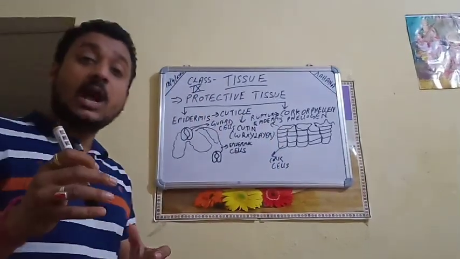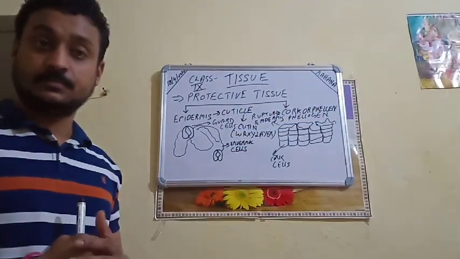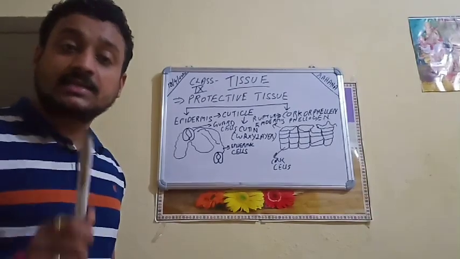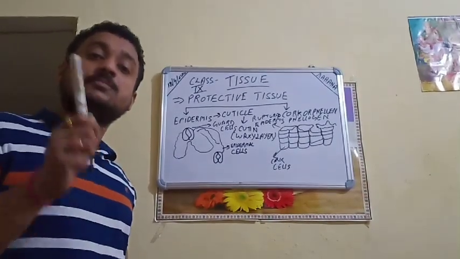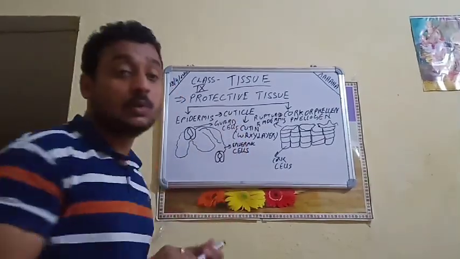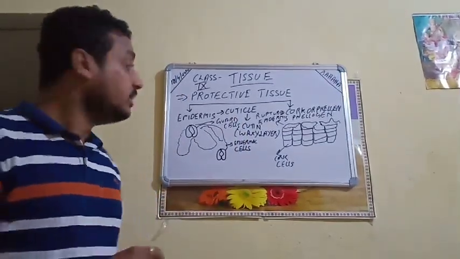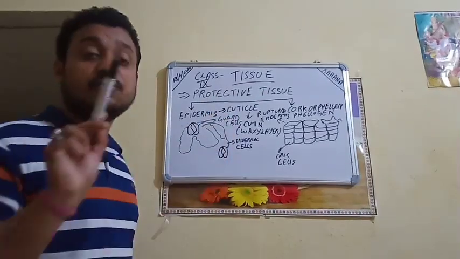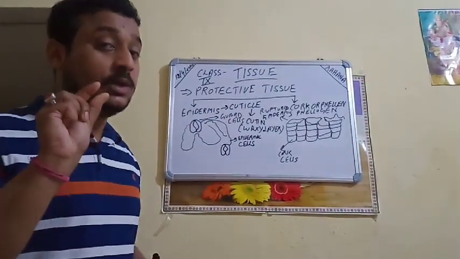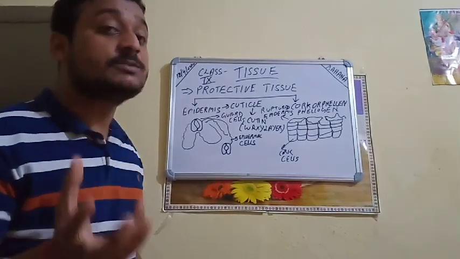Now, the plants found in the desert have a thick cuticle. This cuticle is mainly found on the surface of the leaves. If the cuticle is thick, the transpiration will be less.